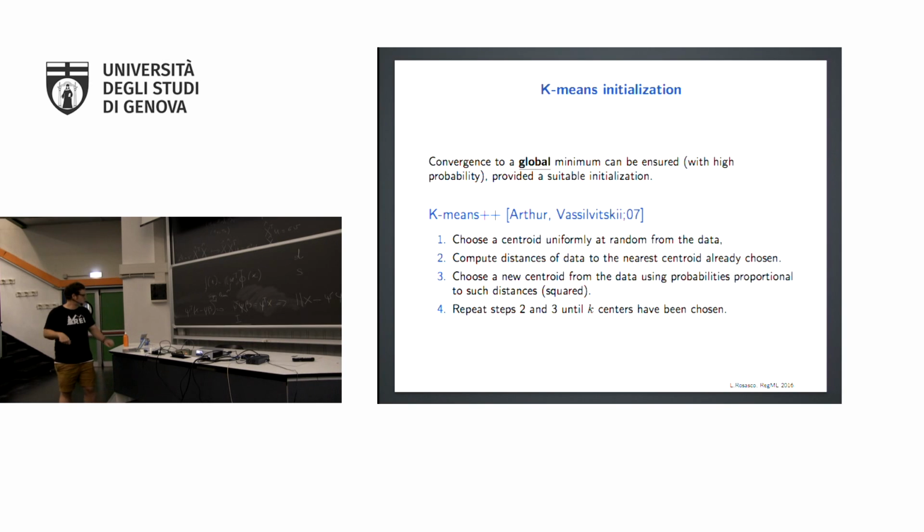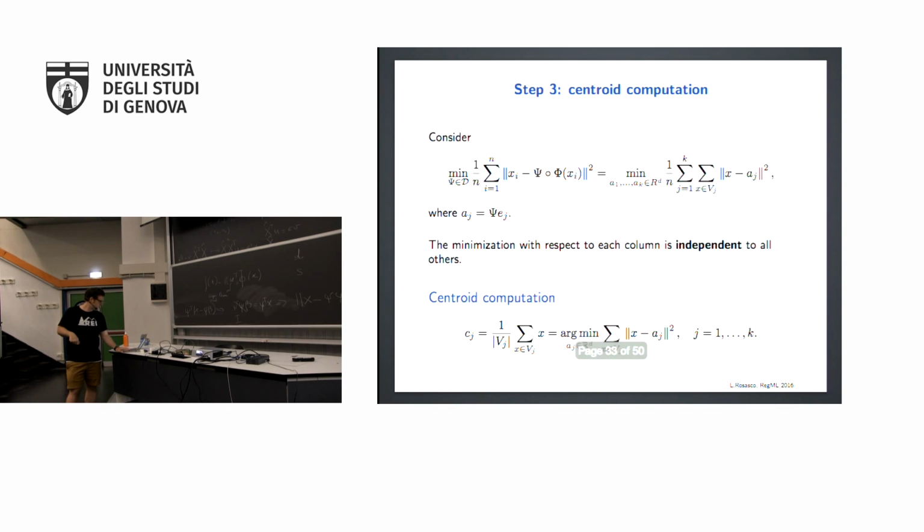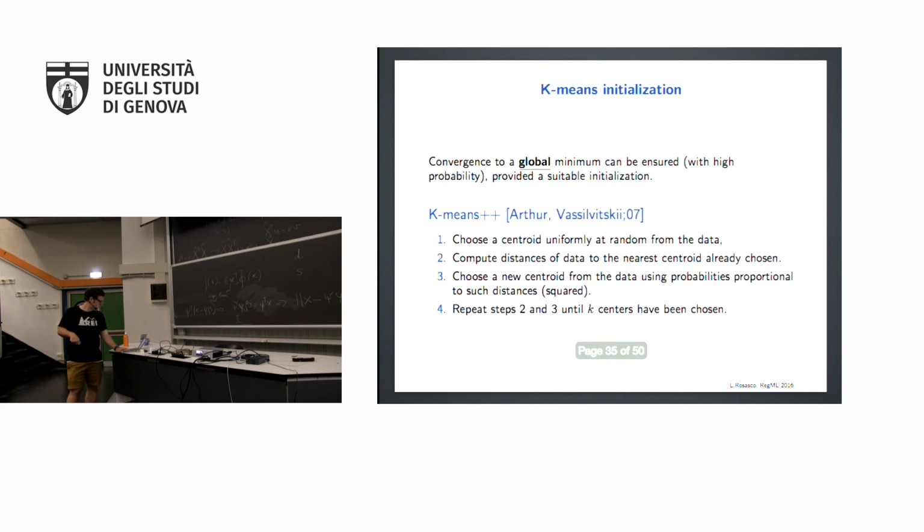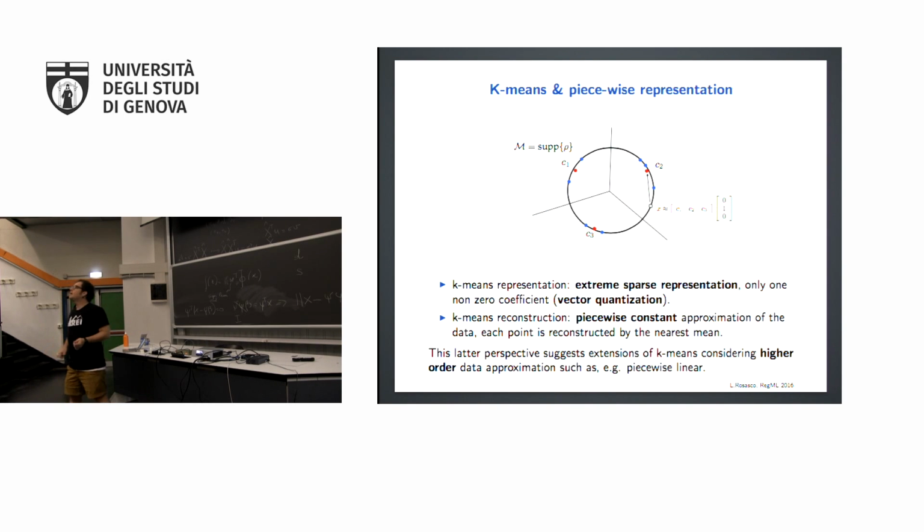What about modeling? Well, if you have to make the analogy with sparse coding, the analogy is quite obvious because, from one perspective, k-means provides you a sparse solution, very sparse. Because we said that each point is associated with a coefficient vector.